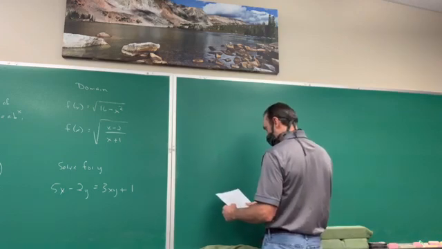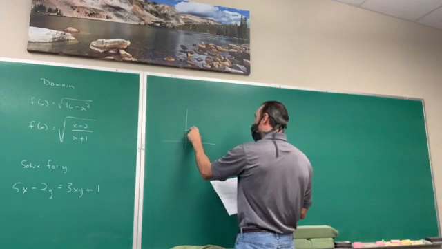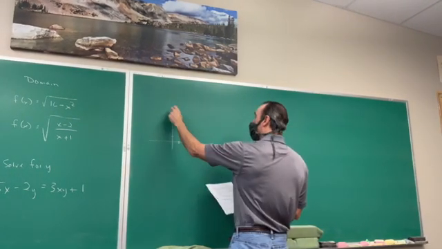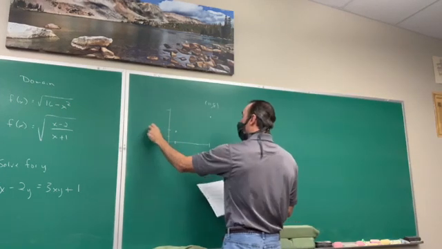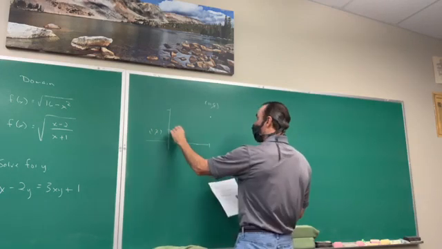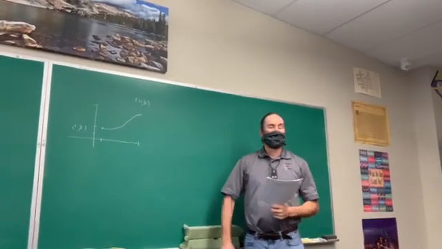So if we have (1, 2) is going to be a minimum, and (11, 8) is going to be a maximum. And this is supposed to be some kind of sinusoidal curve. So it's a sine or a cosine.